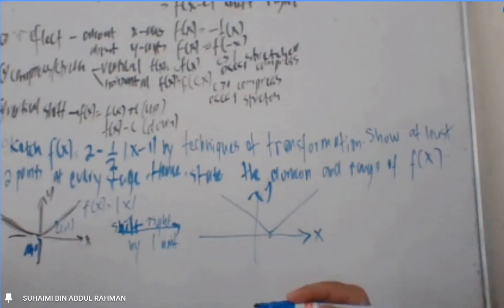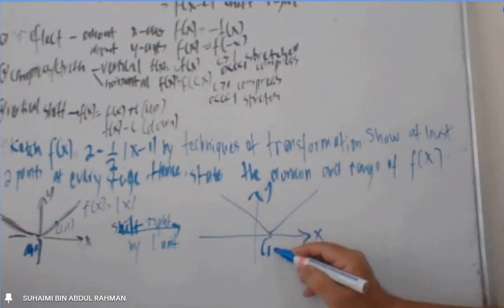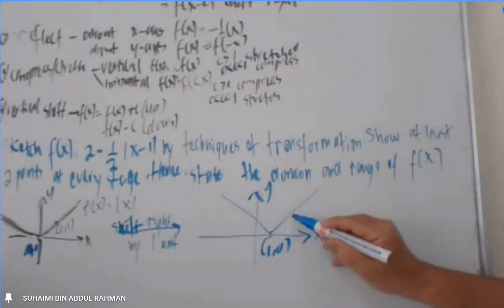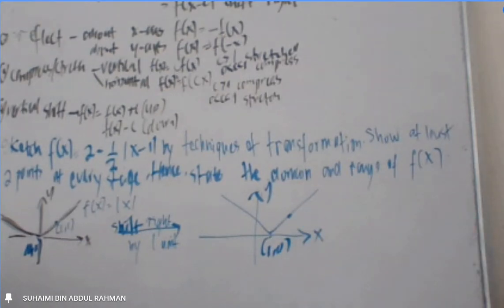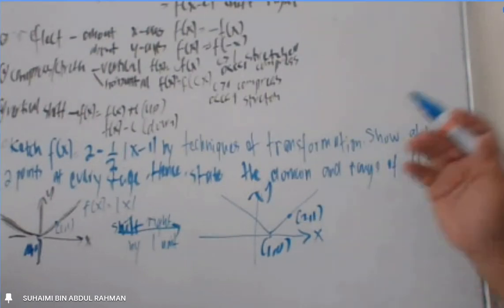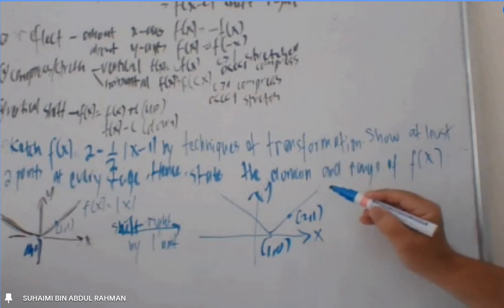The new point is 1, 0. Point 1, 1 will go to what point? 2, 1.